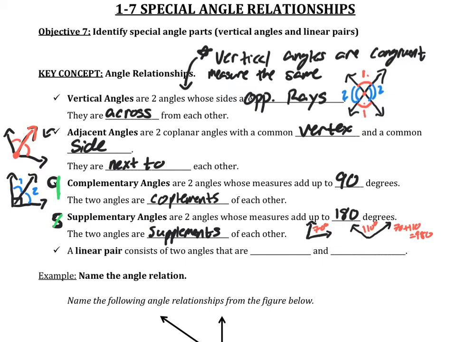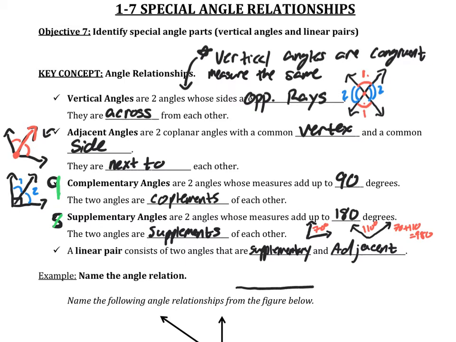So a linear pair is a special type of supplementary angles. So it's two angles that are supplementary and they are also adjacent. All right, so this is a special one and it takes two of our definitions and puts them together.